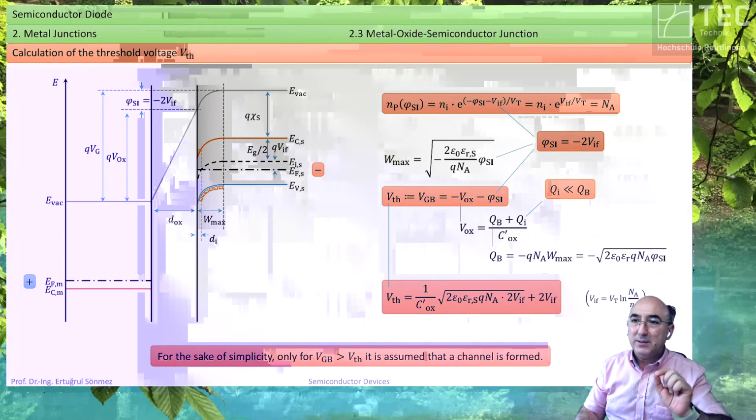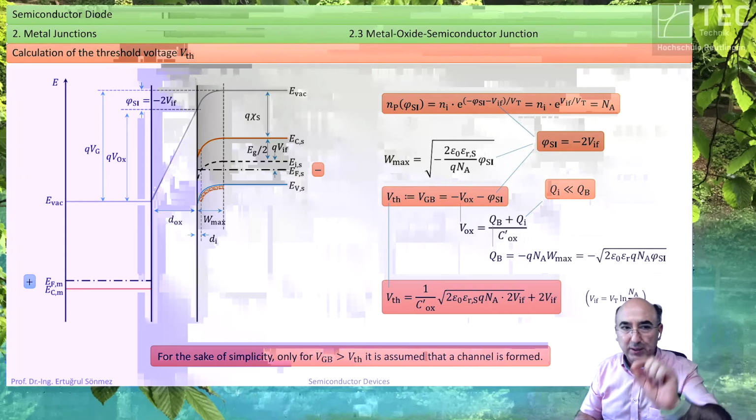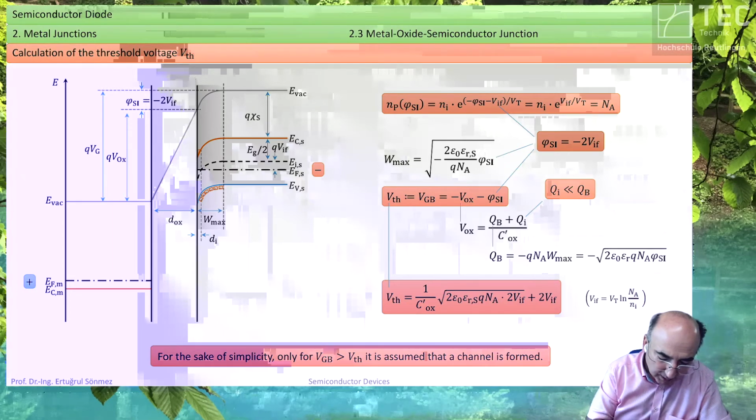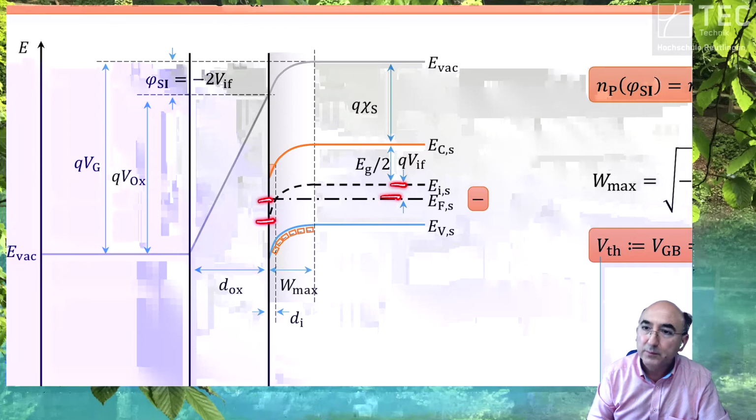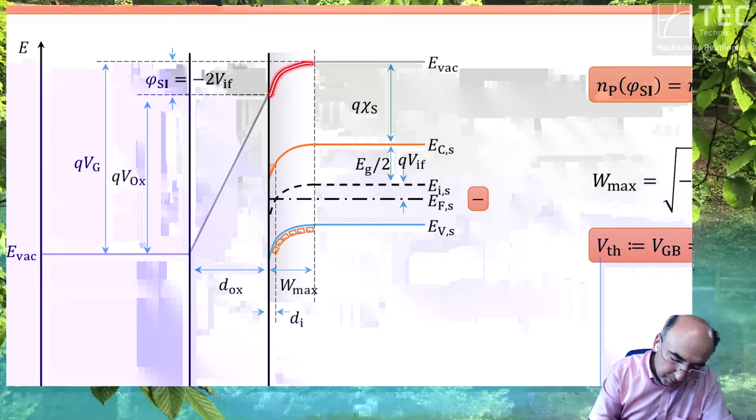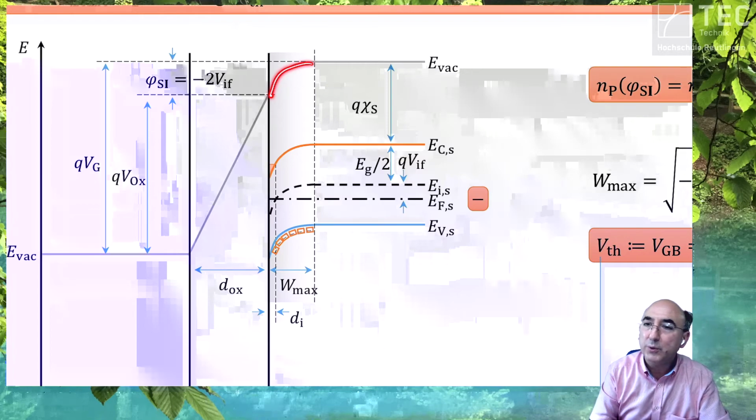Let's first calculate the threshold voltage itself. Now we keep on having this inversion, strong inversion. If we know by definition this potential, what we know in addition?